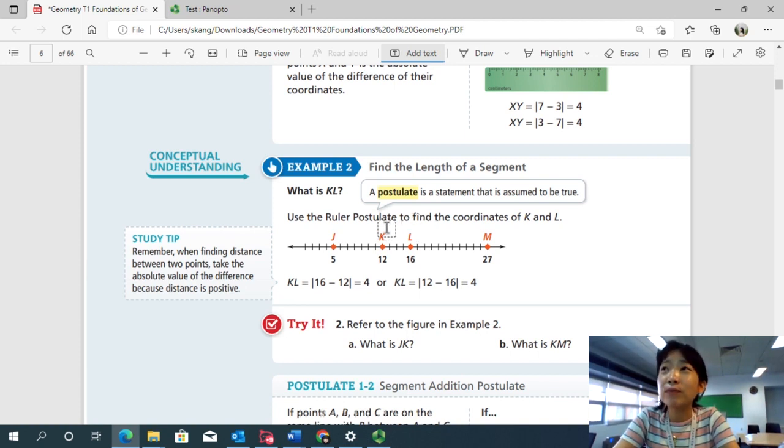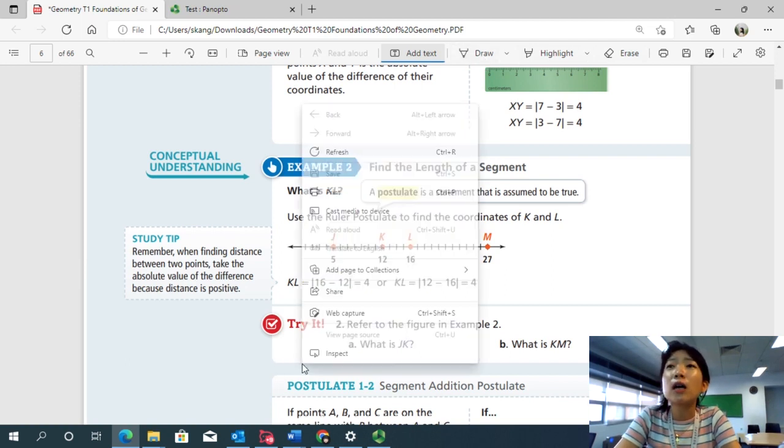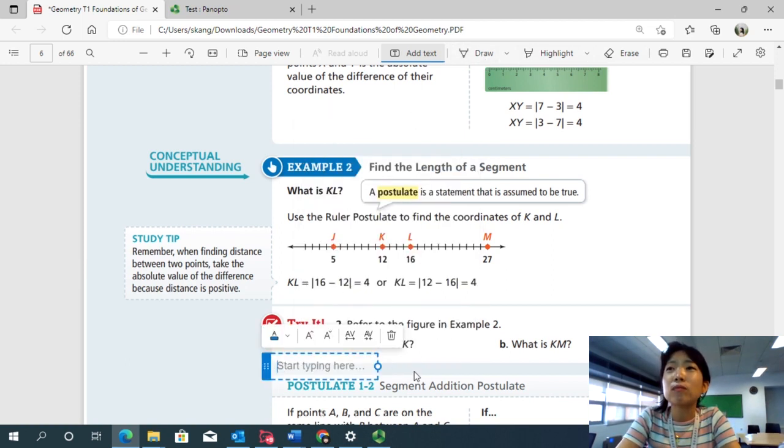Okay, are you ready? What is the distance between J and K using the postulate? So you need to use the formula. So you can either do 5 minus 12 absolute value or 12 minus 5 absolute value. It will be easier if you are not familiar with the negatives to subtract the smaller value from the bigger value.